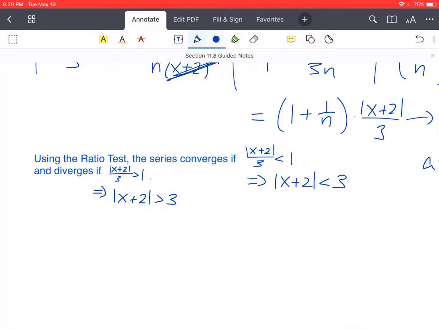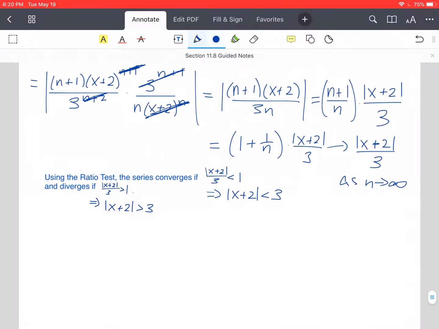Okay. So, since this is the term that we're looking at, comparing against that absolute value, that distance, we can then say, thus, the radius of convergence is R equals 3.